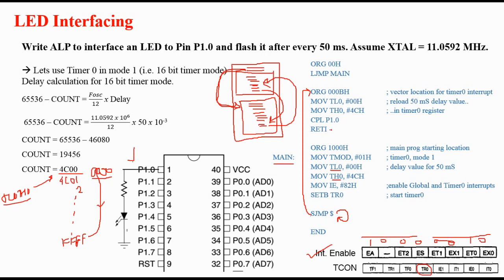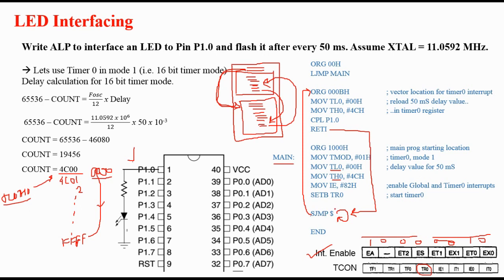Return from interrupt, it will go back over here, because whenever an interrupt got generated, after returning from the interrupt, it will return to the next instruction. The next instruction will be the same instruction.